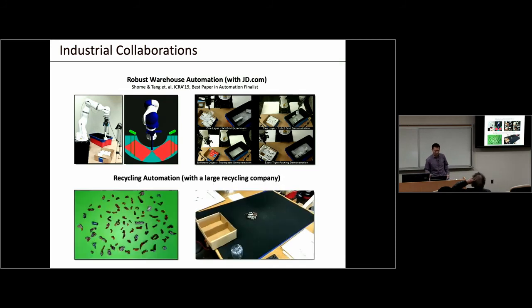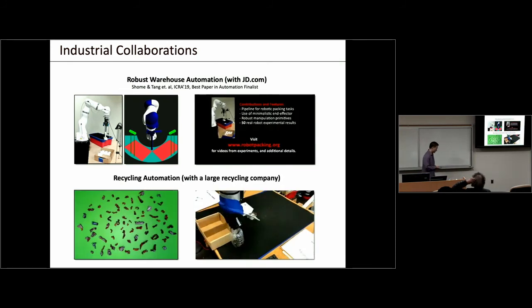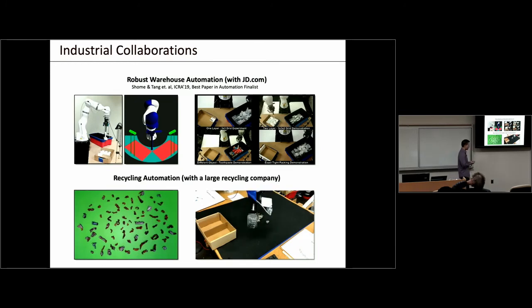Another more recent project I'm working on, with a recycling company, is to help them automate their production lines. They have many different things they do. For example, they pulverize a bunch of condensers and get a bunch of copper and aluminum, and they want to separate them.